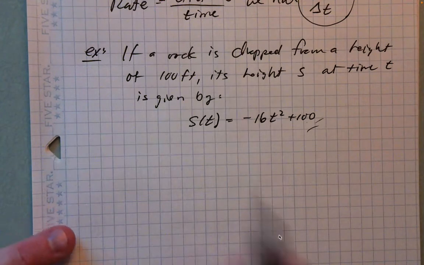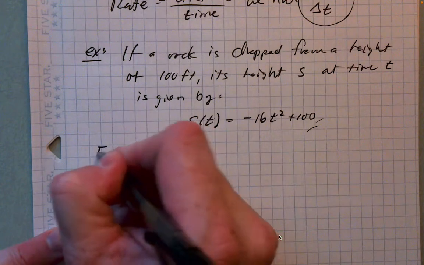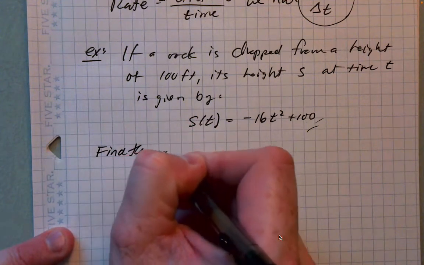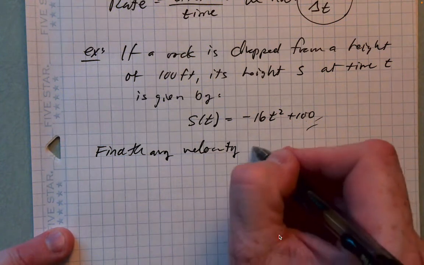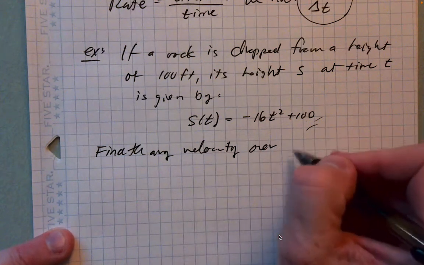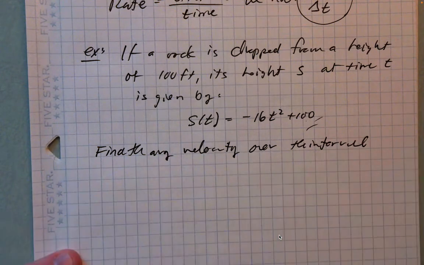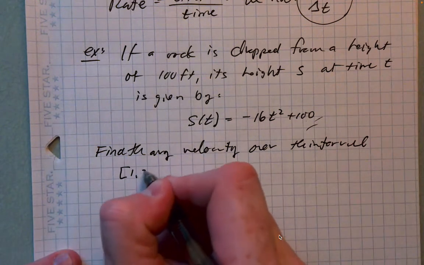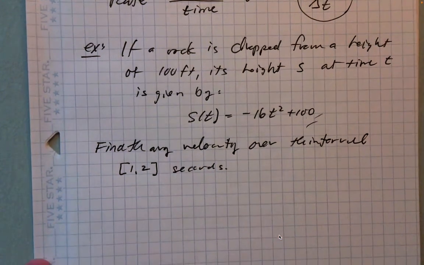Okay, so let's find the average velocity over a couple of intervals. We'll start with one interval: the average velocity over the interval between 1 and 2 seconds. We could just plug in here.